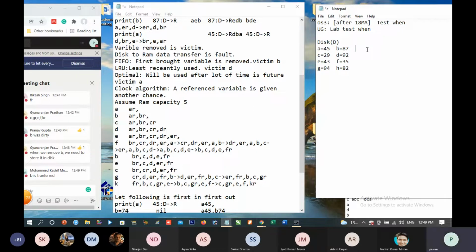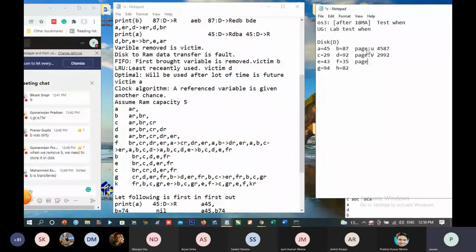Now, A and B combined is called page U. And page U contains the values 45, 87. Page V contains the values 29, 92.